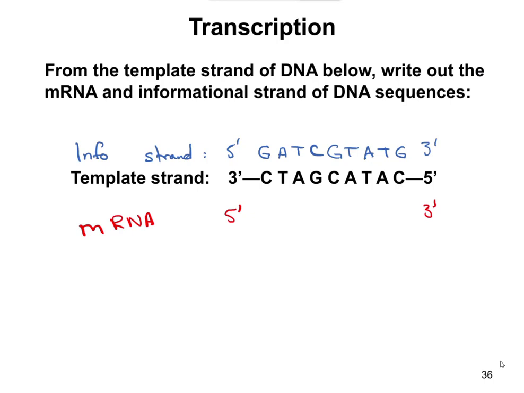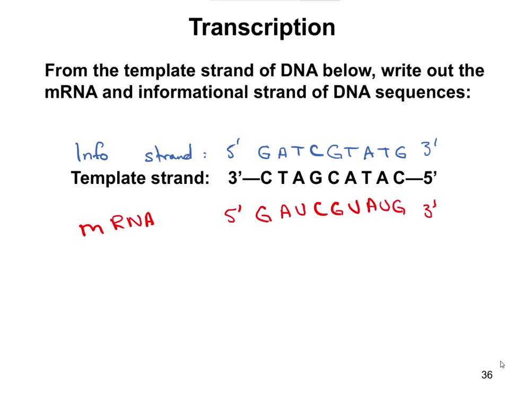So the complement of this C is still going to be G. The complement of T is going to be A. The complement of A in messenger RNA is going to be U. And then C, G, U, A, U, G.